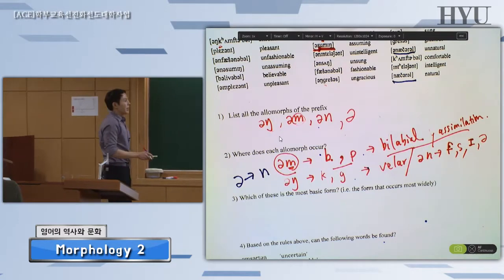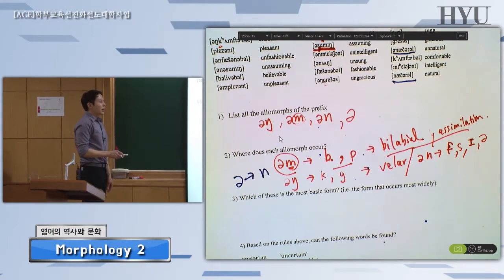So it seems that schwa N has the highest distribution, right? Meaning that it can occur before so many things, F, S, or even vowels, right? But the schwa has a more limited distribution, only before N, based on this data set.